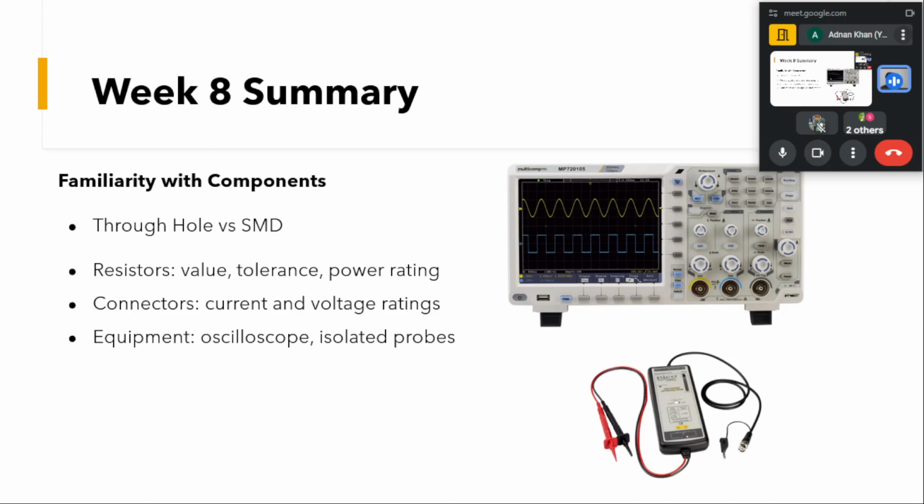For that we'll be using isolated probes, so that as we have different grounds, we don't want two different grounds to get shorted. So we have to keep these things in consideration while probing or testing the converters.